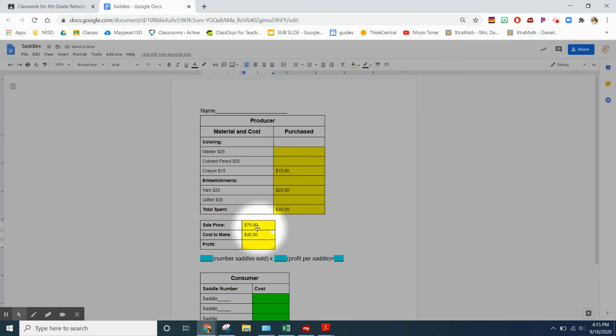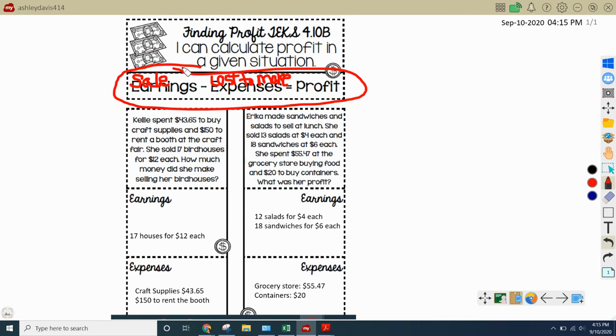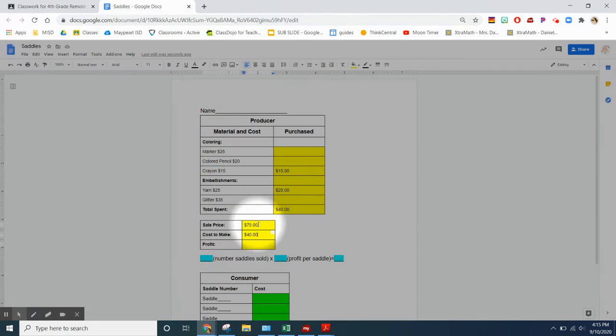Then going by our formula here, our profit is our sale price minus the cost to make. So we are going to subtract these two numbers to get what our profit would be for one saddle. So 75 minus 45 is $35. So each saddle I sell, I can make $35 off of it.